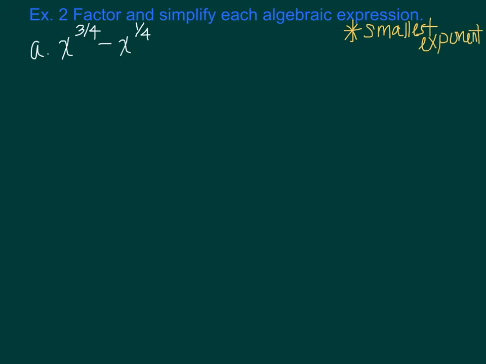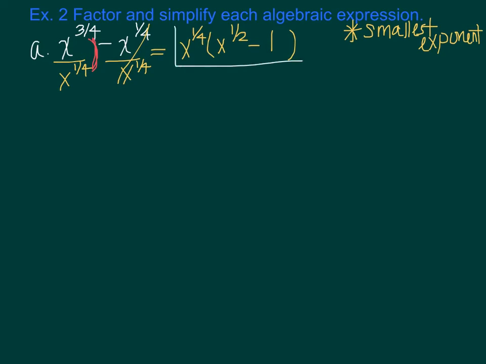So looking at this one, the smallest would be x to the 1/4. So that's our GCF. So I'm going to divide both by x to the 1/4. And remember, you're going to subtract the exponents. So 3/4 minus 1/4 is 2/4, which reduces to 1/2. Minus, these divide evenly to 1. And that's as far as you can go.